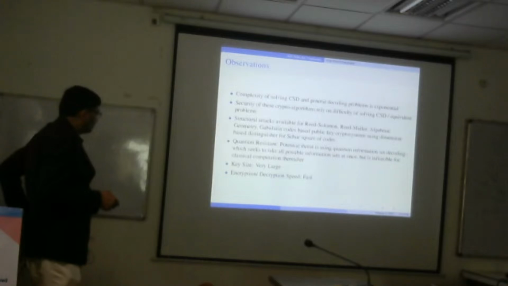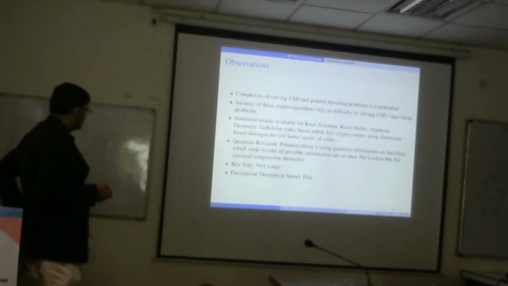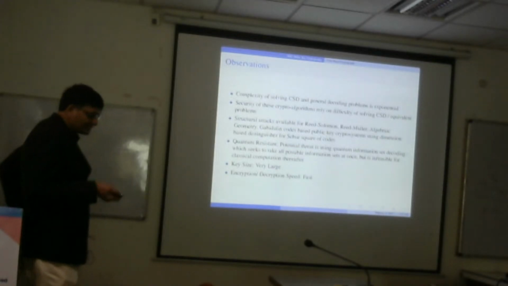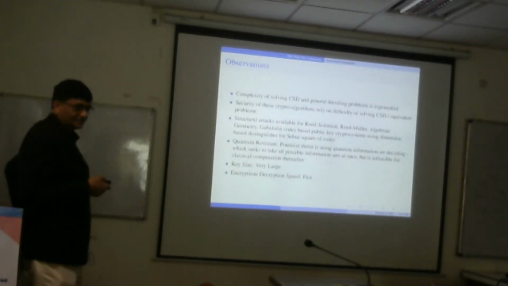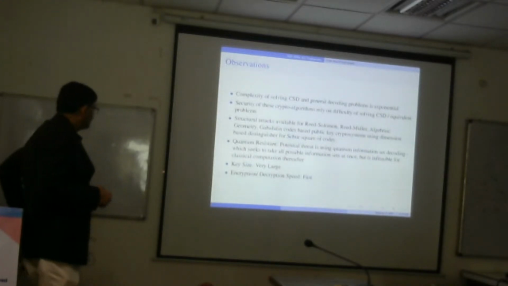In addition, when we design these crypto systems they leave some protocol weakness, and some structural attacks exist for many crypto systems which were submitted earlier, using different techniques. Also, if we are using a lattice-based or code-based crypto system, the size of the key is very large.